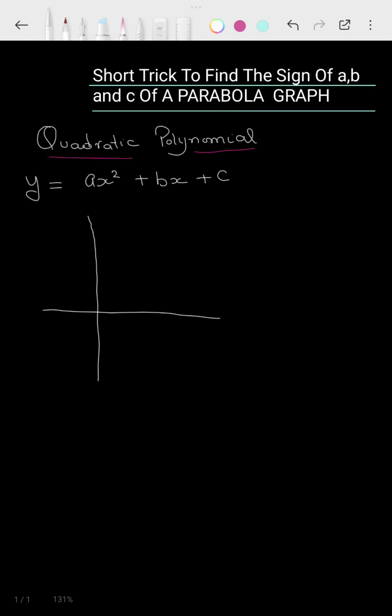See, if we obtain a graph opening upward, in such a case coefficient of x square, that is a, is always greater than 0, or we can write a is positive. This is our x-axis and y-axis.